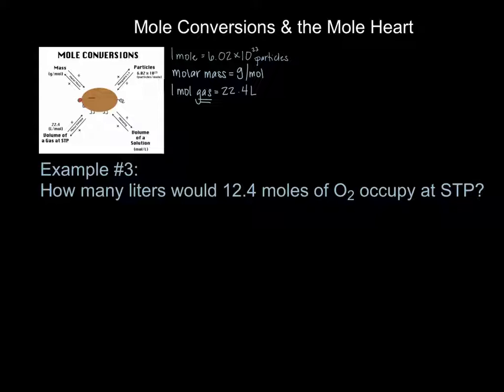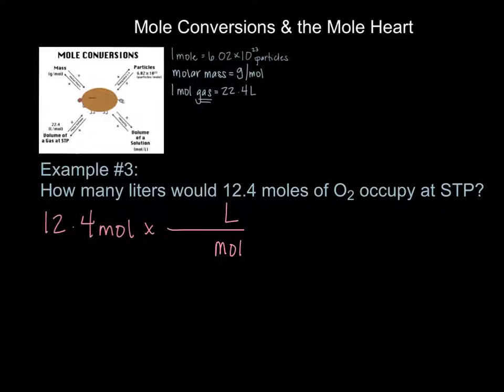So always start with what you're given, and we're going to start with our 12.4 moles of gas, and we're going to multiply by a conversion factor. And from my map, I know it's only going to be a one conversion factor problem, or a one-step problem. So I'm going to have moles on the bottom, since that's what I want to get rid of, and liters on the top.